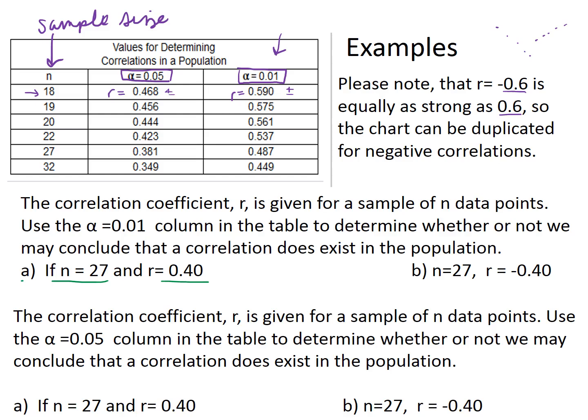This time we're looking at the 0.01 level, right? And we're looking at N equals 27. So if N equals 27 at the 0.01 level, we can see that we have a correlation of 0.4.